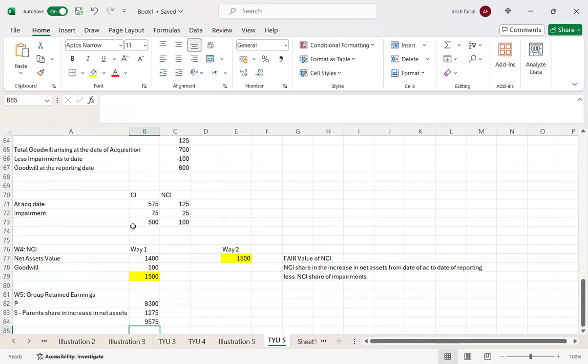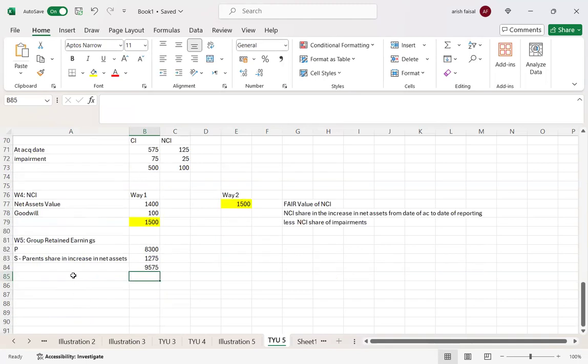However, you do have an impairment, and your share was 75 over here. We don't have unwinding of discount. If we would have, we would have recorded it in the group retained earnings. We don't have any intra-group trading in which the parent is the seller, because if that would have been the case, you would have deducted the unrealized profit from the group retained earnings.